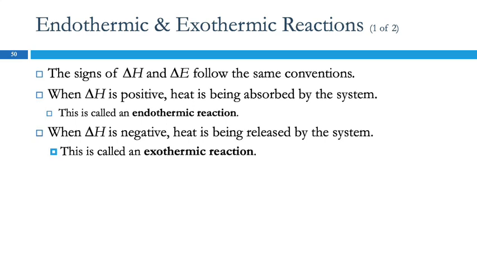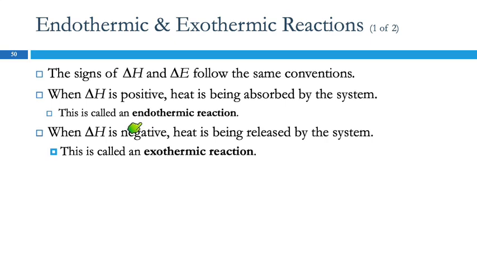So the signs of delta H and delta E follow the same conventions. So if delta H is positive, remember delta H is equal to Q at constant pressure. Delta H being positive means that energy is coming into the reaction. Like money coming into my wallet, this is a positive thing. That's called an endothermic reaction.